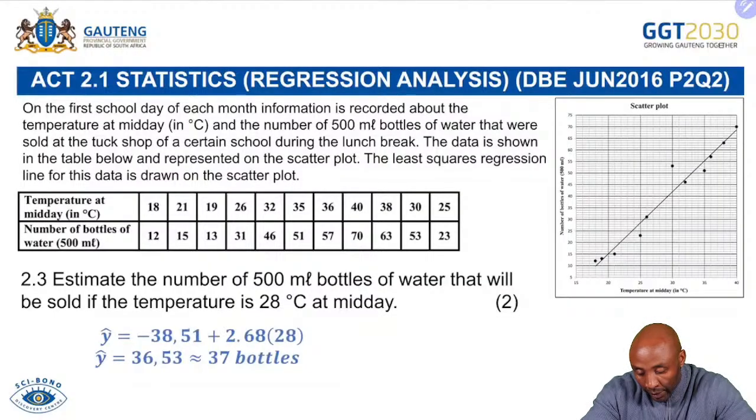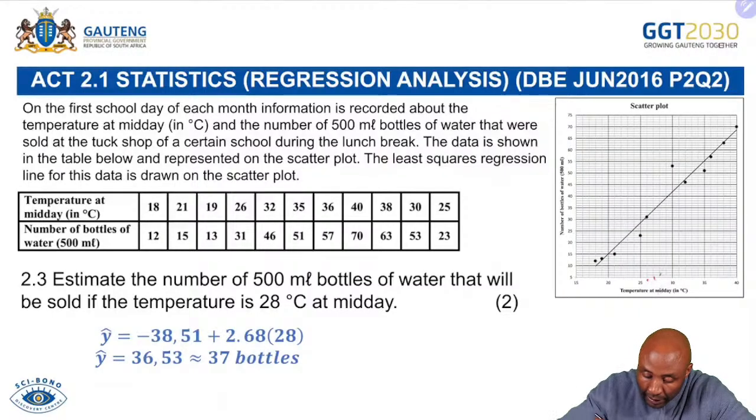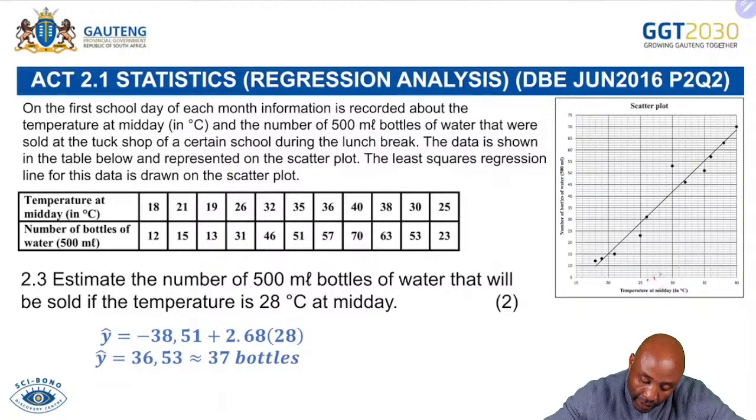Now, if we check from our graph, we are having 25 and each of those smaller lines represents 1 degree. So if I check, this will be 26, 27, 28. And then we can use our line of best fit up to the graph.